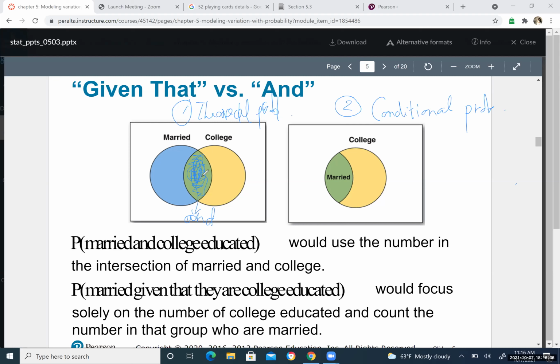However, they have more interpretation, which is "given that." So this is "and" because they have something in common. The green part right there is talking about all the married people who are college students.